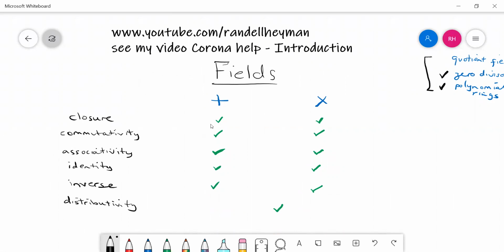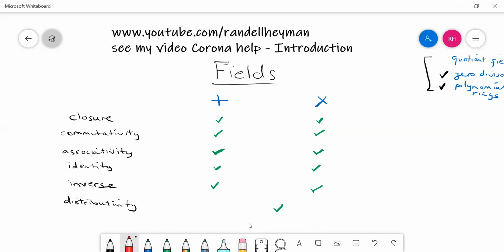For fields, we have to have, for example, this one here, associativity for addition. We can see a field has to have that property. And likewise, it has to have this one here, commutativity of multiplication.